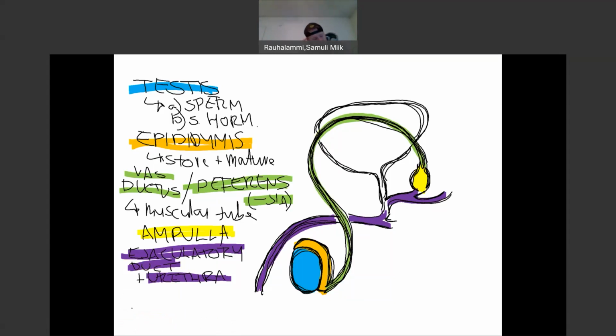What I wanted to do next was to add to this diagram of ours the rest of the glands that are going to be important. And let's start with seminal vesicle.